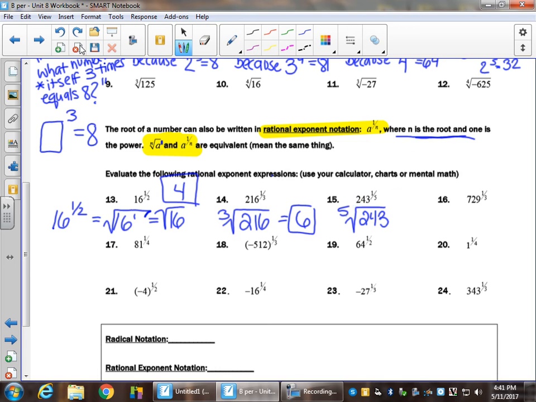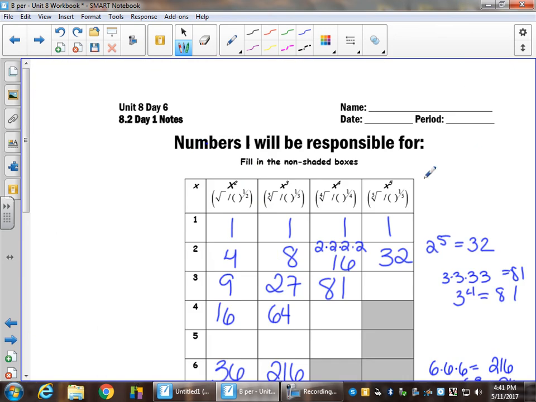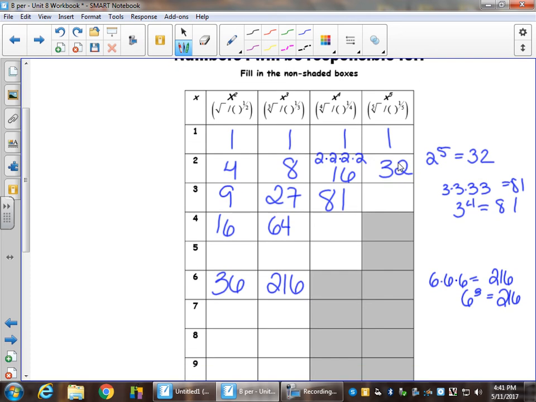So if I know I'm looking at the fifth root, when I go to my chart, I'm going to go to the x to the fifth column. If you have finished filling out your chart, 243 is right here. Which makes the answer what?